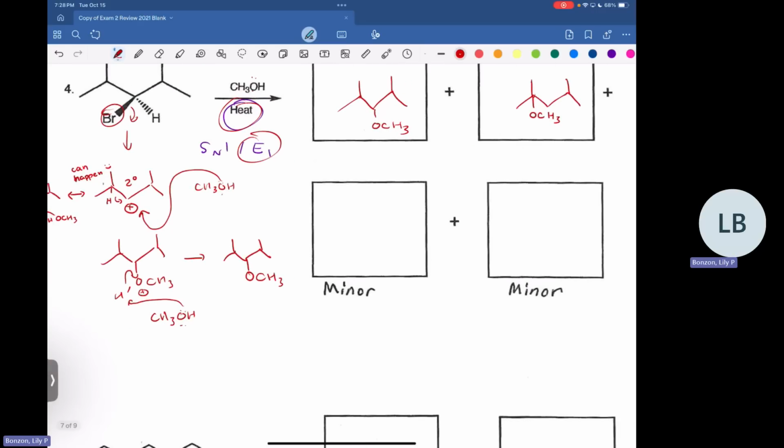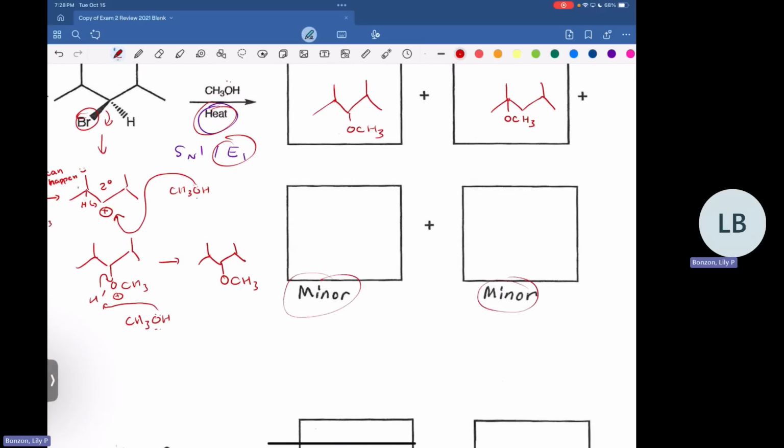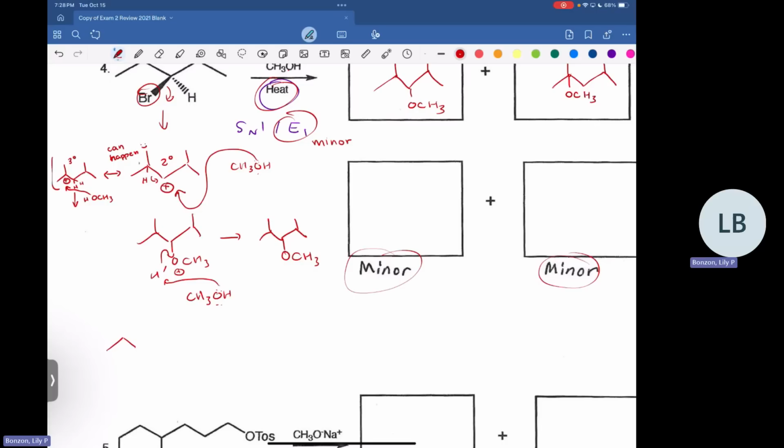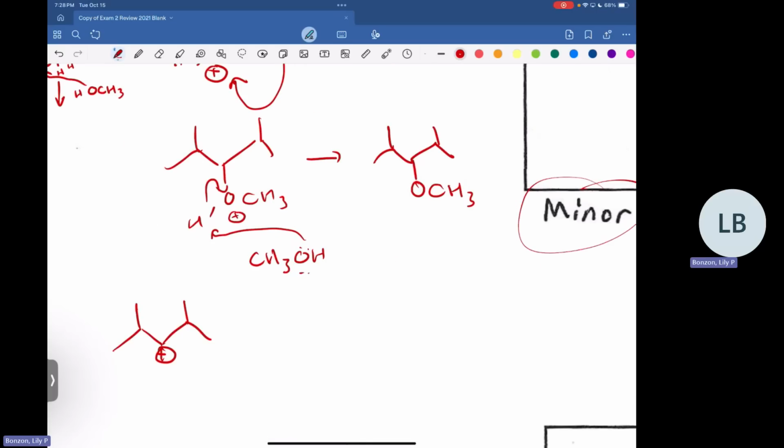Okay. So now I have two more boxes, and you'll notice that they say minor. So again, E1 is always going to be minor to SN1. So now we just have to identify what the E1 products are going to be. So I'm just going to start back from here. We have hydrogens adjacent that we could take off.